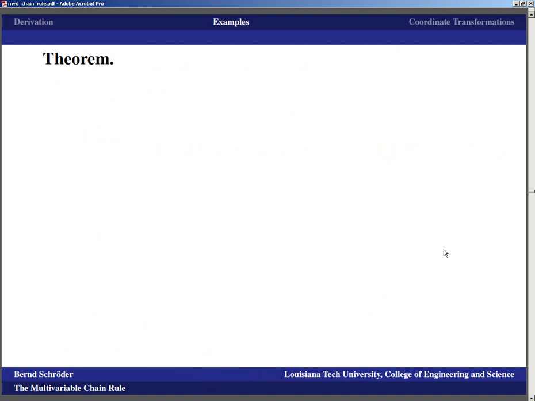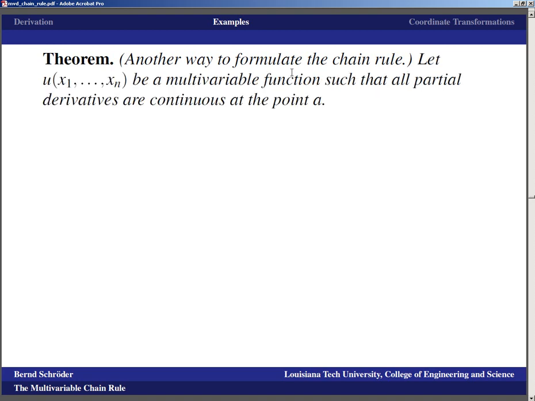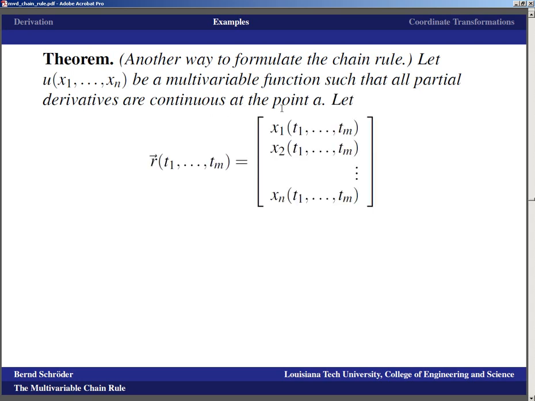Okay, so now a quick theorem where I just want to give you another way to formulate the chain rule. And that is, we take u to be a multivariable function so that all partial derivatives are defined at the point A. I let r of t1 through tm be the input vector, x1 of t1 through tm, x2 of t1 through tm, all the way through xn of t1 through tm.